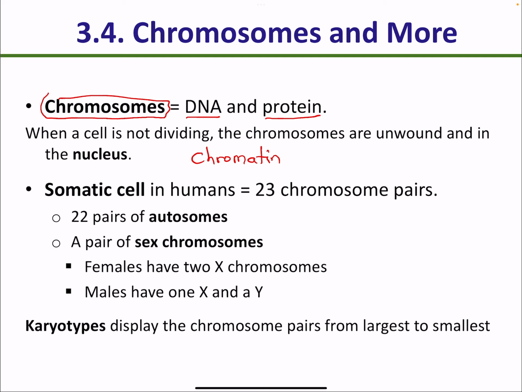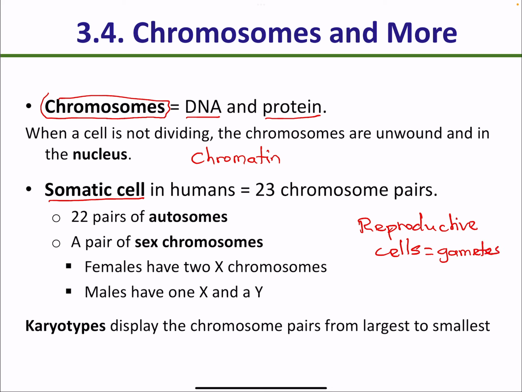You have what we call somatic cells, or cells of the body, and you have reproductive cells. These reproductive cells are also called gametes.